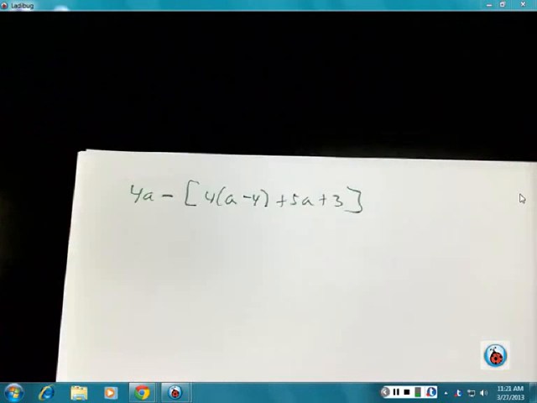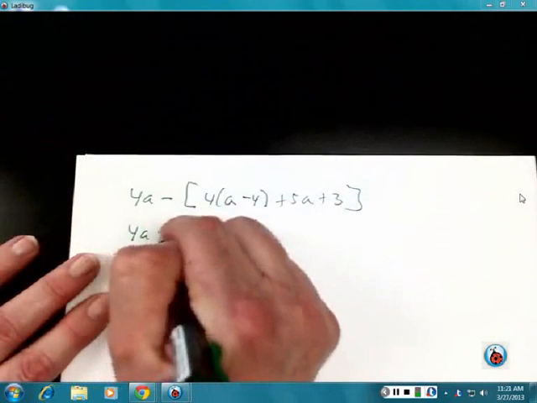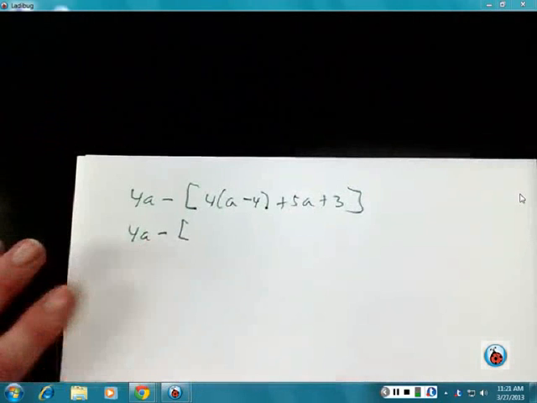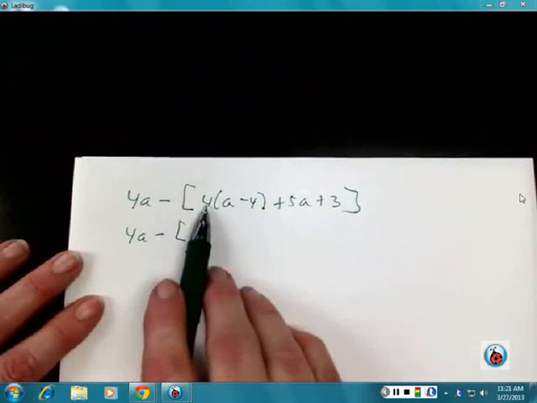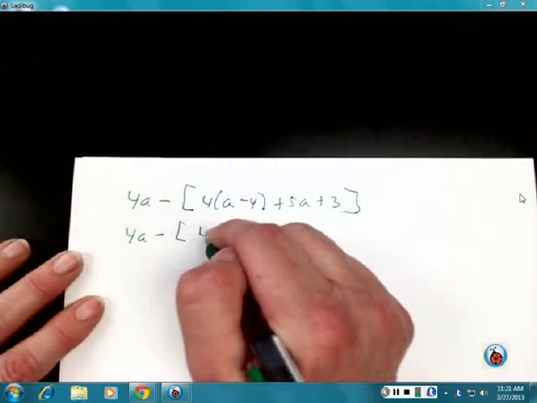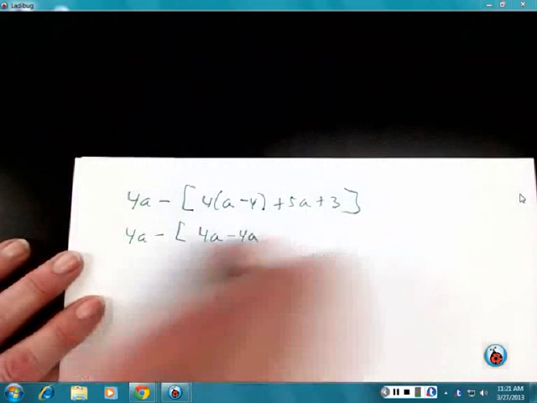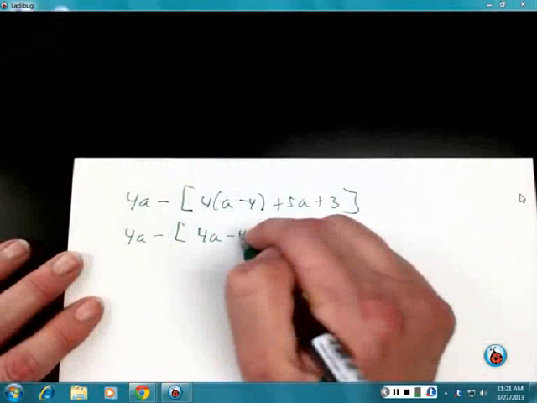Can I do anything in there? Yes. I'm going to take anything I do not work with, which is the 4a minus whatever's in there, but I can distribute: 4 times a is going to give me 4a. 4 times a negative 4 is going to give me a negative 16.